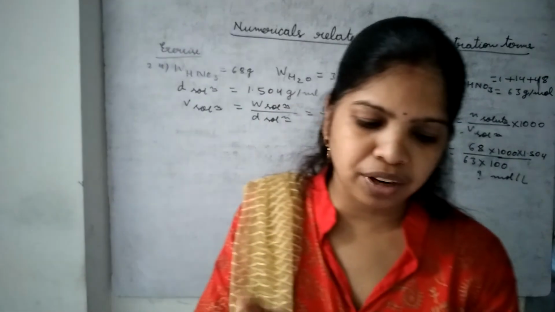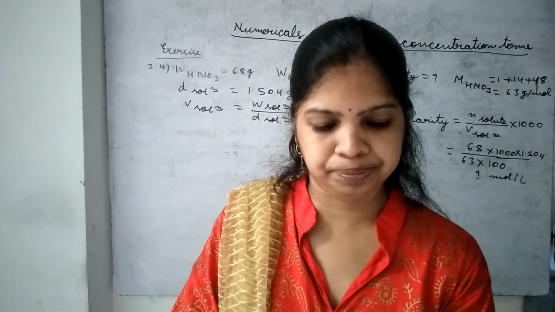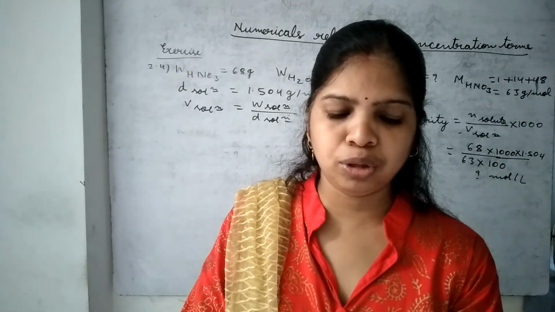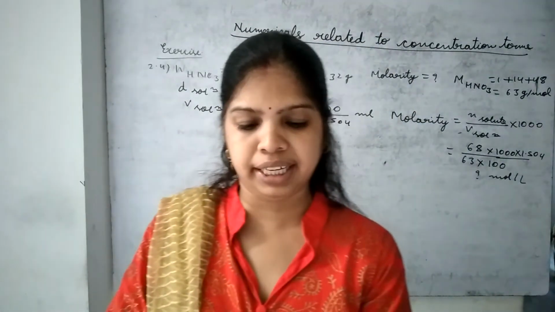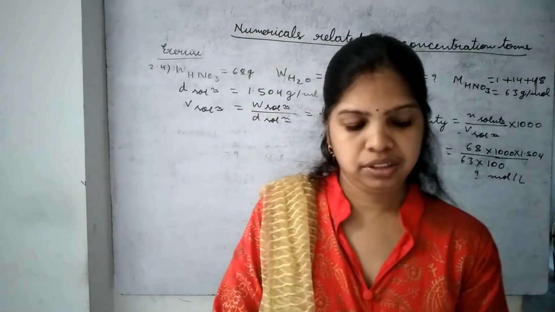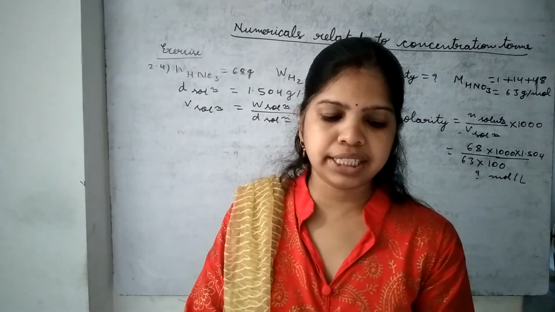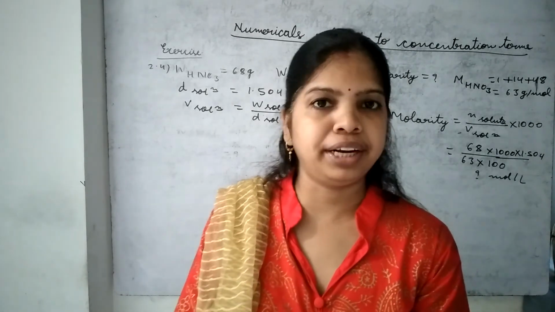This is also very easy and approximately similar. This is a 10% solution, 10 gram glucose and 90 gram water. What would be the molality and mole fraction? And density is given, and then we'll find molarity.